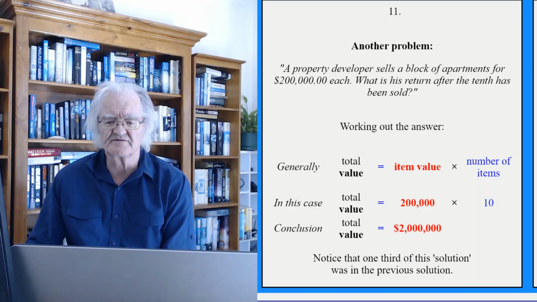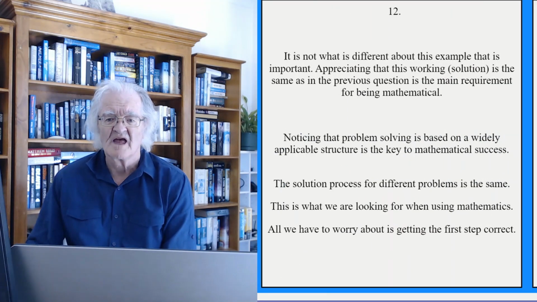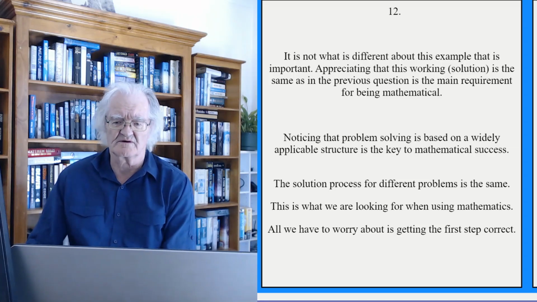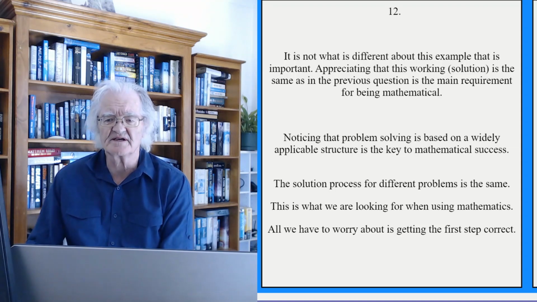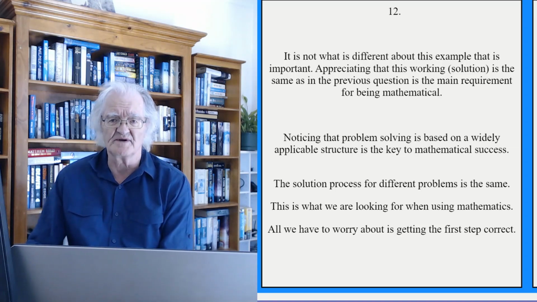Notice how much of this solution was actually in the previous solution. It is not what is different about this example that is important. Appreciating that this working is the same as in the previous question is the main requirement for being mathematical.